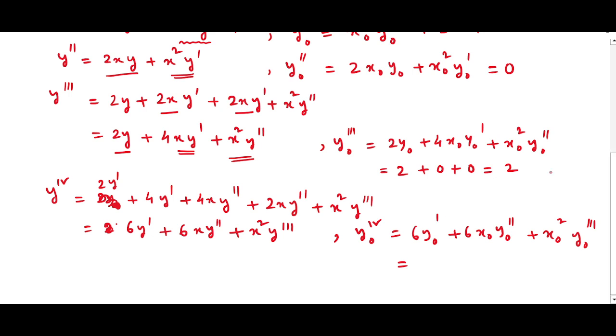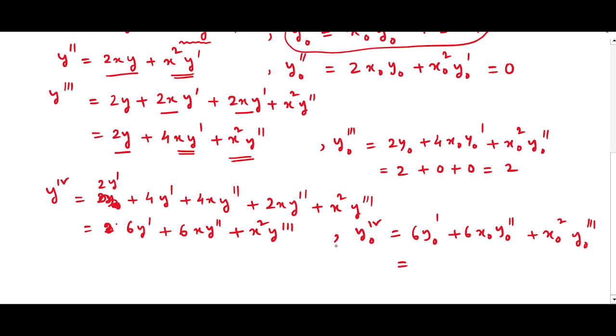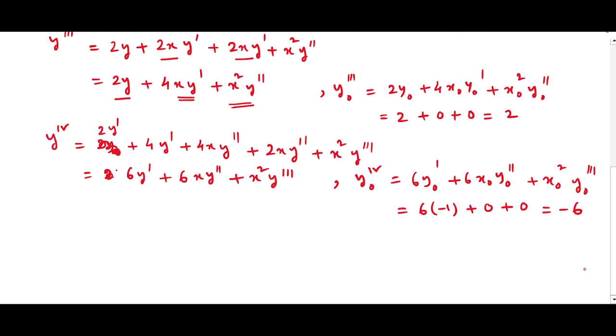If you see here, this is our y naught dash. So y naught dash is -1. So it is 6 into -1. The other two values will become 0. The value of x naught is 0. Again, the last time also we had x naught. So the other two values are 0. So what we have is -6. Okay, -6.